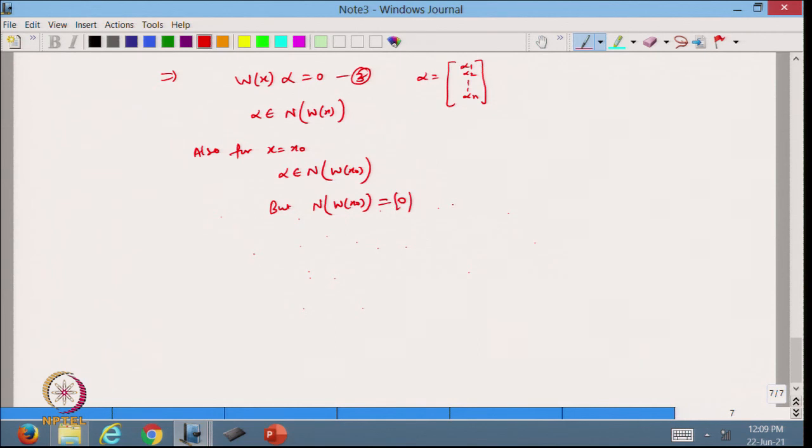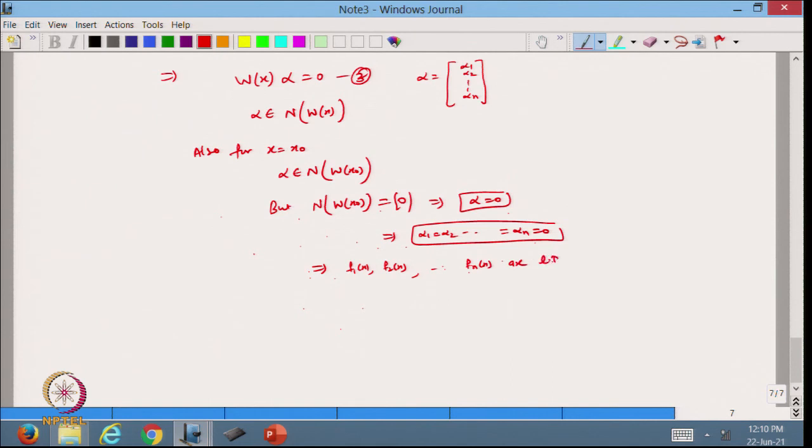So, alpha should be 0, which implies that alpha 1 equal to alpha 2 up to alpha n are all 0, and if they are 0, then it shows that the functions f1(x), f2(x), ..., fn(x) are linearly independent.